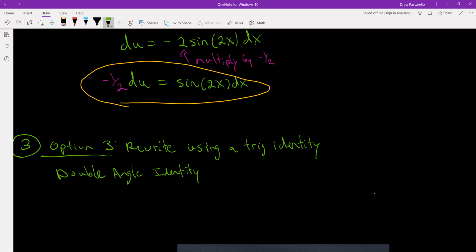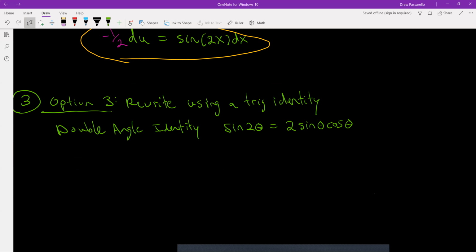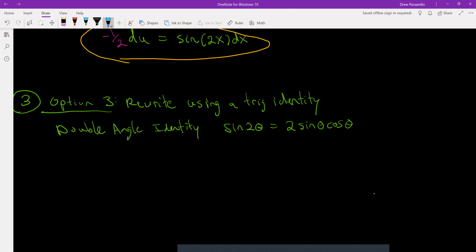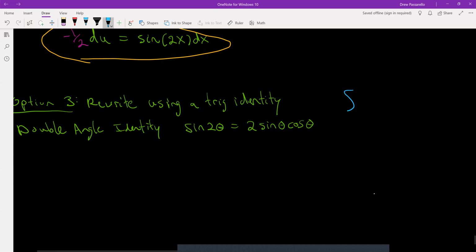If you have sine of 2 theta, that's equal to 2 sine theta cosine theta. In the integral, I'll just go ahead and write it over again. So the problem had sine of 2x cosine of 2x.